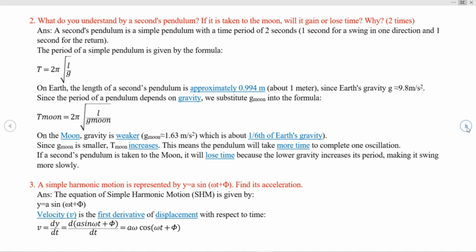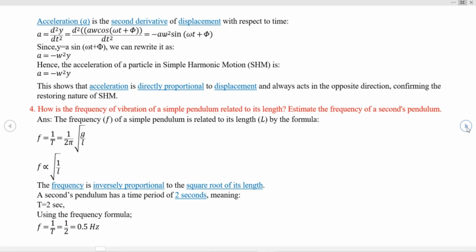So we know that velocity is the first derivative of the displacement with respect to time. So on differentiating the given equation, we can find out velocity as a omega cos(omega t plus phi). And we know that acceleration is the second derivative of displacement with respect to time. So a will be equal to the differentiation of the velocity, that is equal to minus a omega squared sine(omega t plus phi).